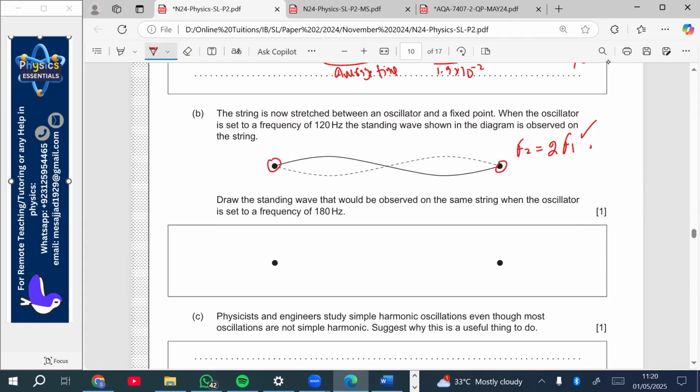So f2 is 120 equals 2 f1, and from here, the frequency for the first harmonic is 60 Hertz. So for 3 harmonics, of course, you are going to have this thing. All right. Not 2, but 3.